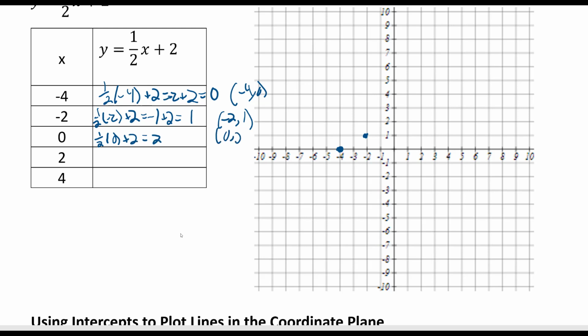So 0 gives us 2. 1/2 of 2 plus 2 is 1 plus 2, which is 3. So 2 gives us 3. 1/2 of 4 plus 2 is 2 plus 2, so that gives us 4. So x being 4 gives us a 4 for y.